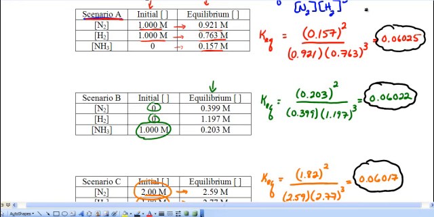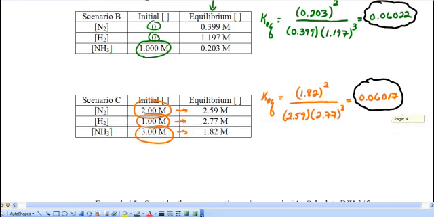That's how equilibrium works. And in fact, what you would do is you would just take an average of those three. The average KEQ for those three trials is 0.0602. And that would be, say, our accepted value for the equilibrium constant for that reaction at that temperature.